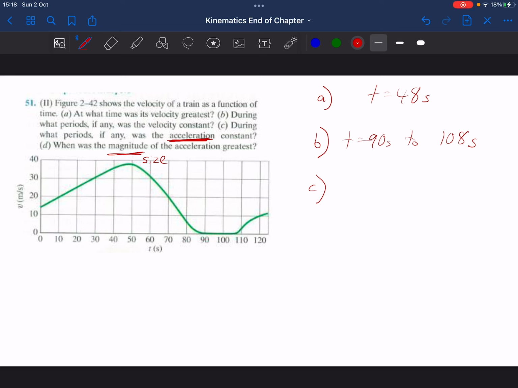Okay, C, during what periods, if any, was the acceleration constant? Now, how do we find acceleration on a velocity time graph? Well, hopefully you remember on a VT graph, the slope of that line is the acceleration.